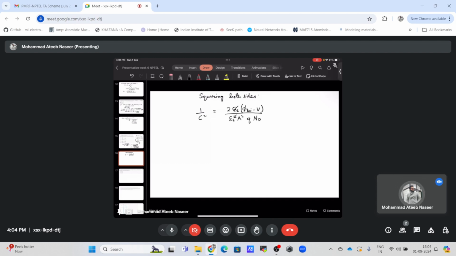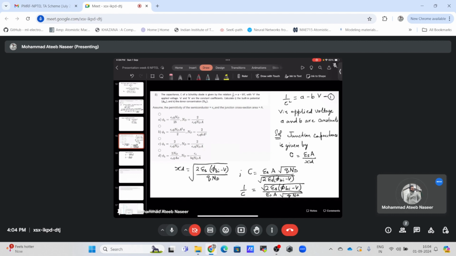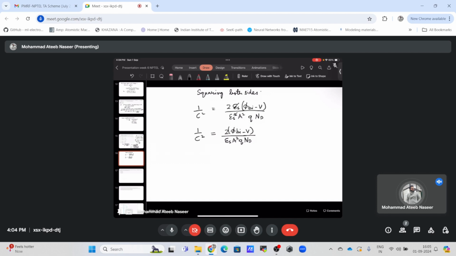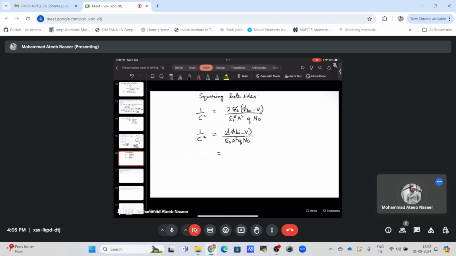This epsilon s will cancel, and we will be left with 1 by C square equal to 2 times phi bi by epsilon s A square q Nd, minus 2 times v by epsilon s A square q Nd, which we can compare with equation 1.